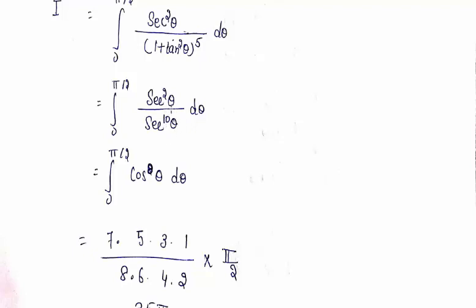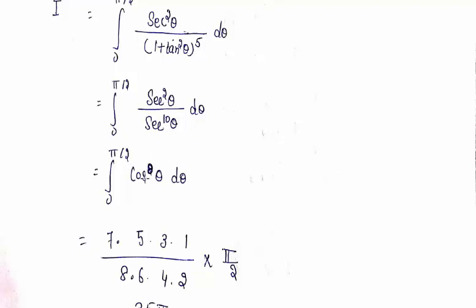So if we simplify that, this is equals to 0 to pi by 2, 1 over secant raised to power 8 theta d theta. And we know that 1 over secant theta is cos theta. So this is equals to cos raised to power 8 theta d theta.